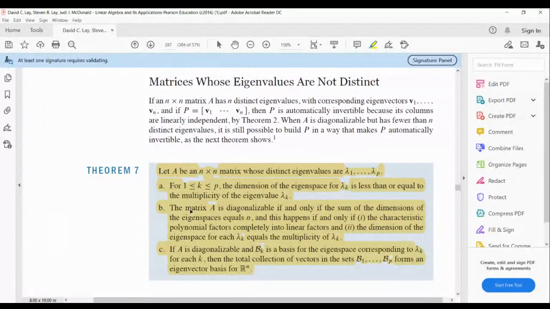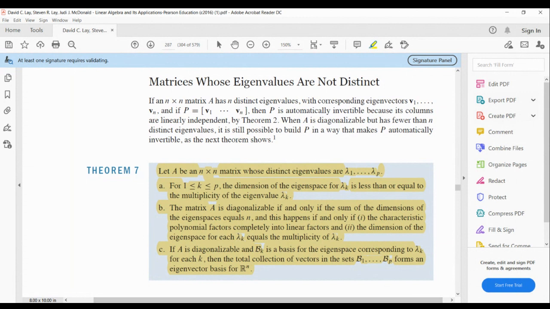And part B is one that's, I think, very important. A matrix is diagonalizable if and only if the sum of the dimensions of the eigenspaces equals n.